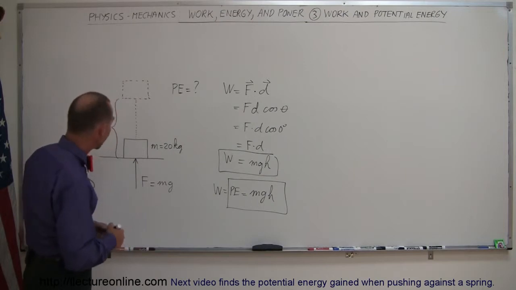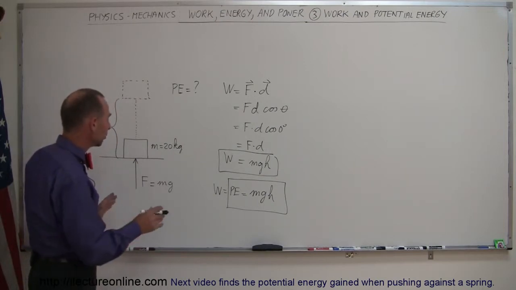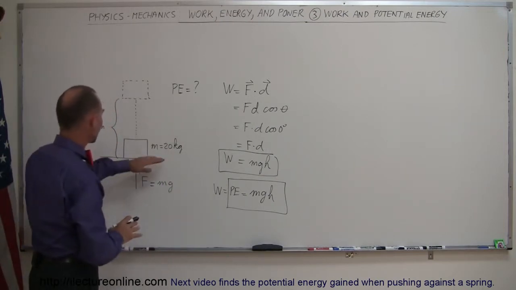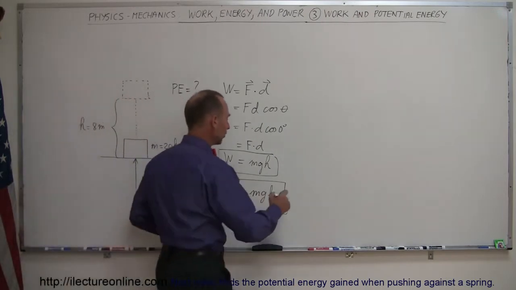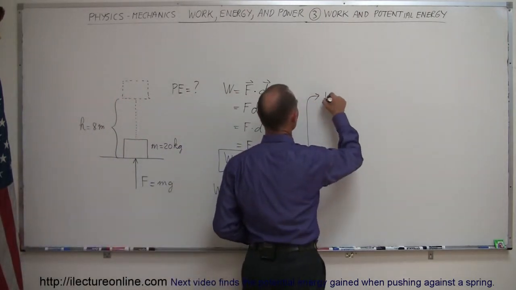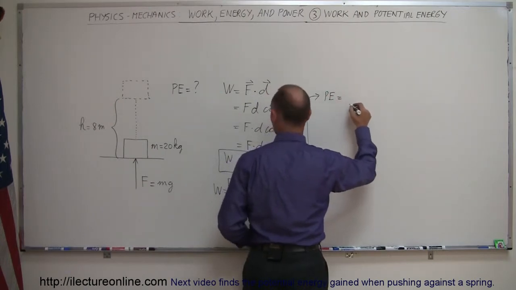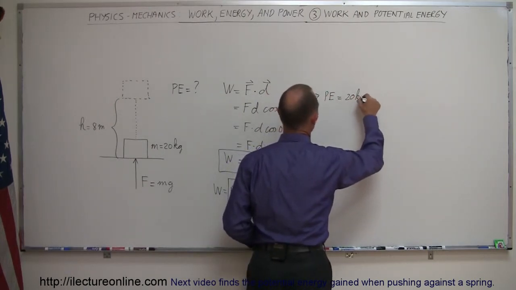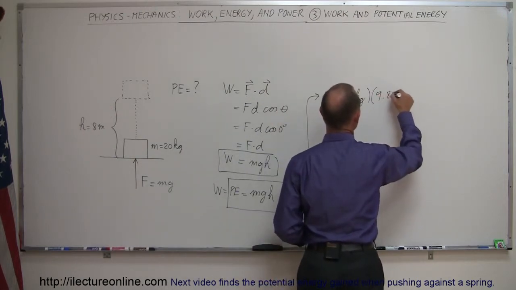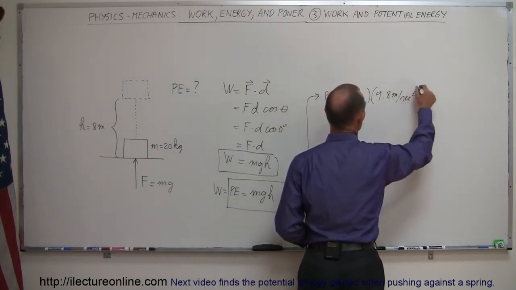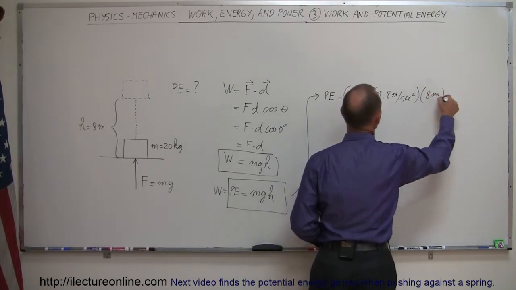To give it a little sense of familiarity, let's plug in the numbers that we have here. We have a mass of 20 kilograms, a height of 8 meters, and we know what g is. So in this case, the potential energy gained by that block is equal to the mass of 20 kilograms times g of 9.8 meters per second squared times a height of 8 meters.